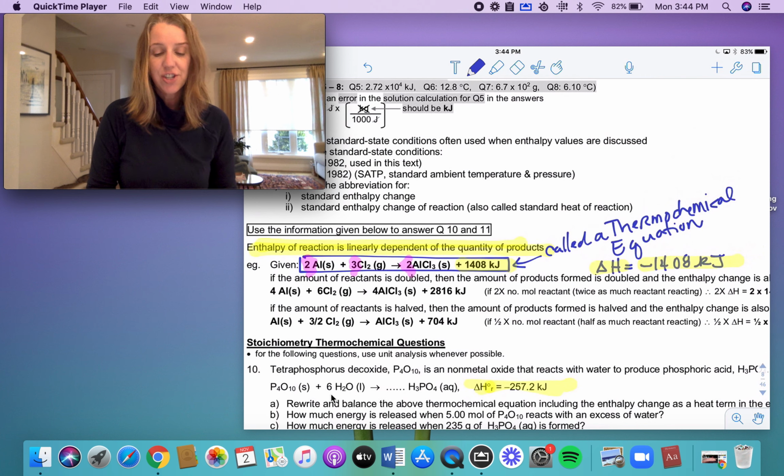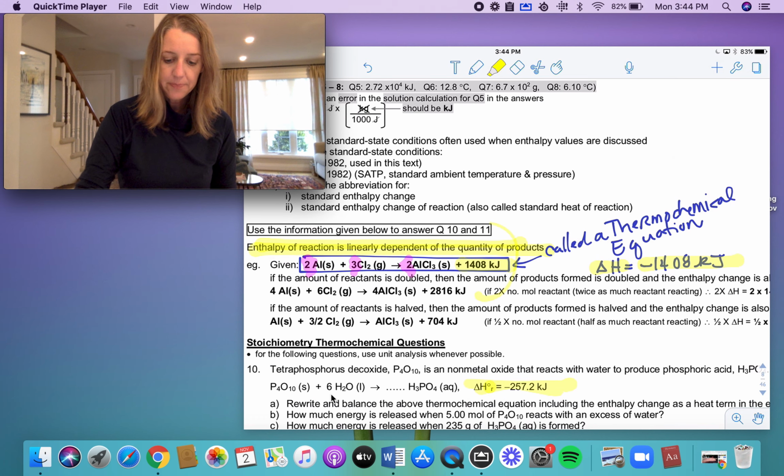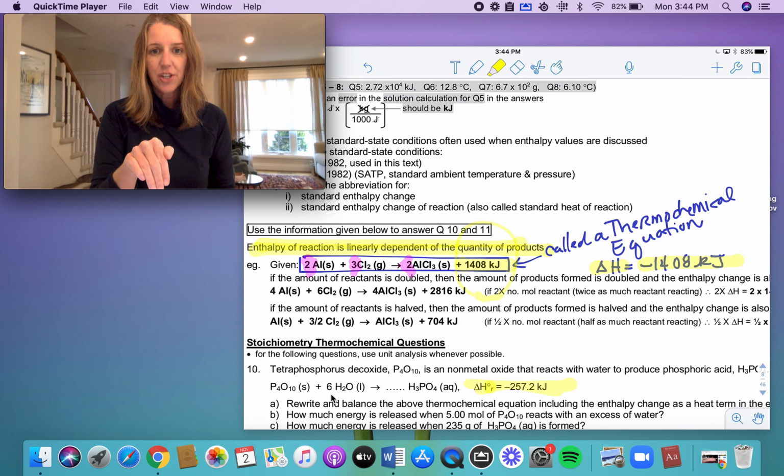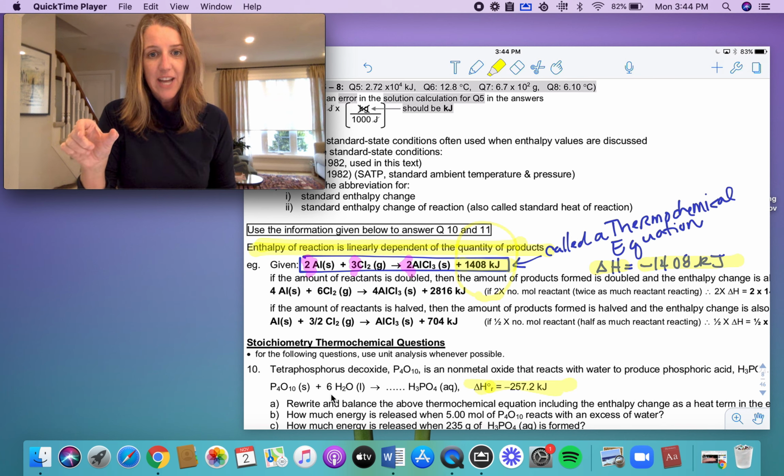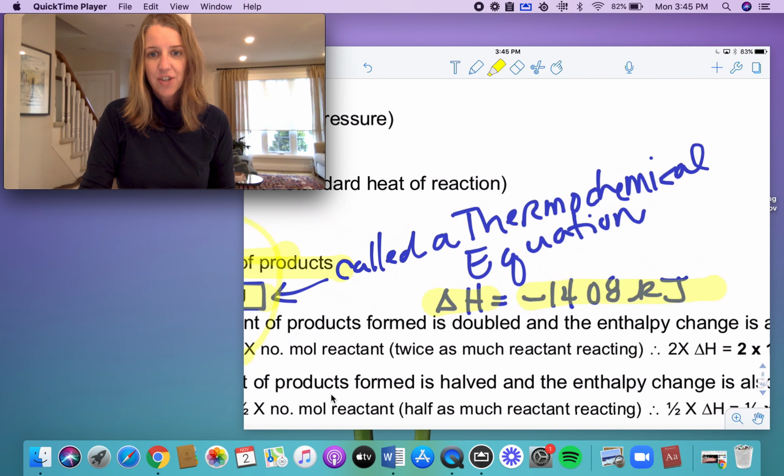And again, let's just stress here that when you write the energy right here in the equation, you would write it as such, plus 1,408 kilojoules. If you were to just write it as the enthalpy for that reaction, you notice that the heat is on the product side, so it has a negative enthalpy, and you would write it as such. Do you see that?